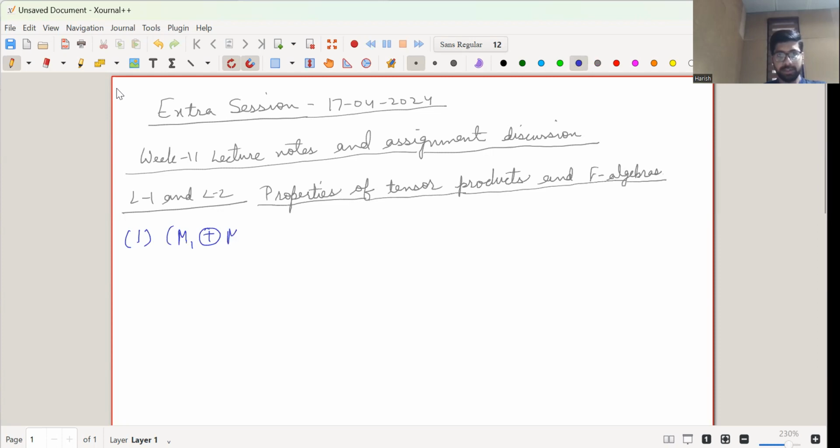So (M1 direct sum M2) tensor N is isomorphic to (M1 tensor N) direct sum (M2 tensor N).